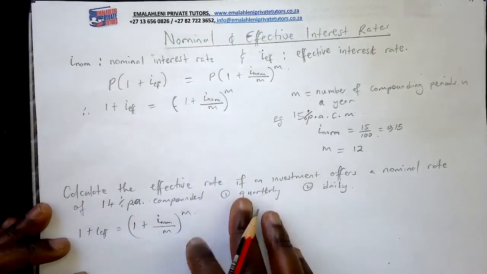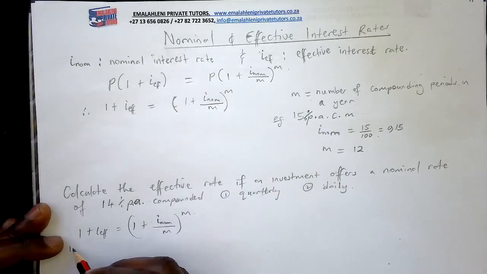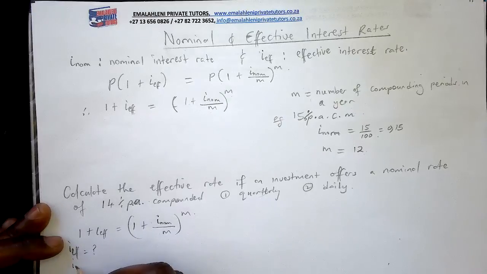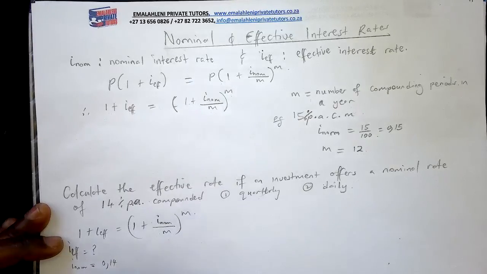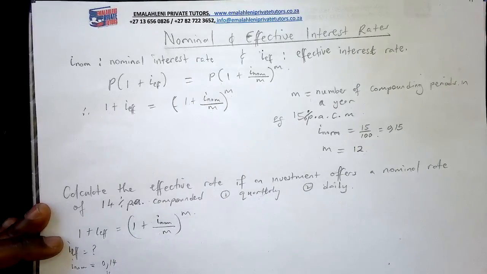And in this case, for the first one, what is given to us? i effective is in the question. Then i nominal is equal to 14%. M1 is going to be equal to 4 because it's quarterly, 4 times in a year.